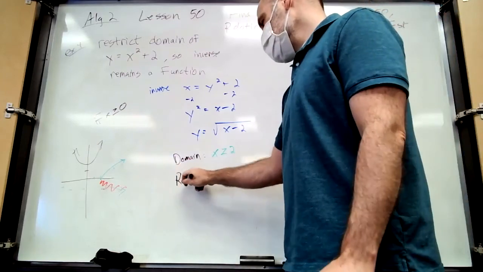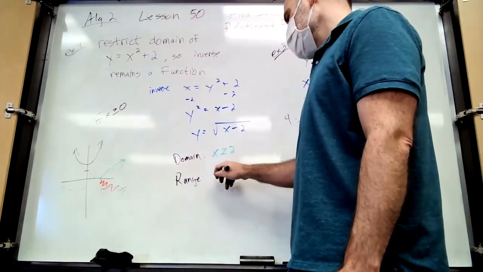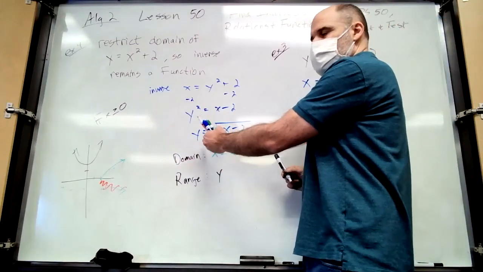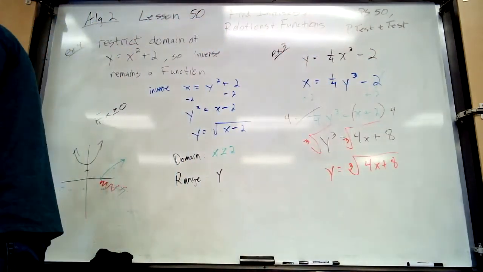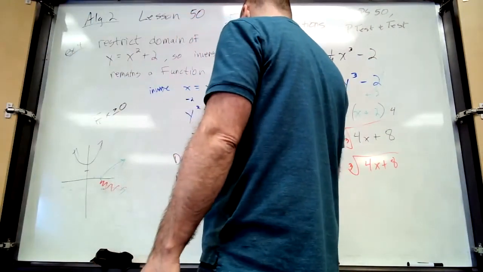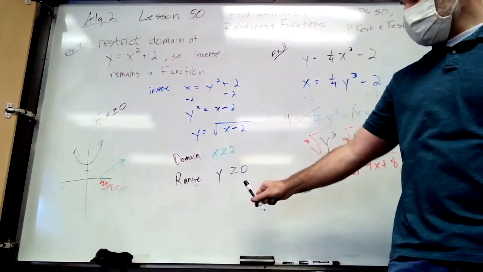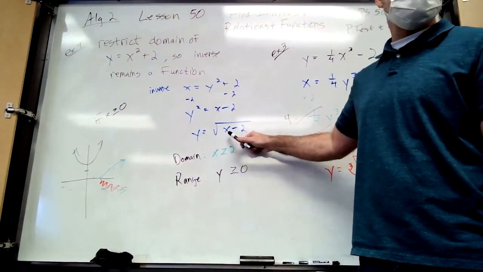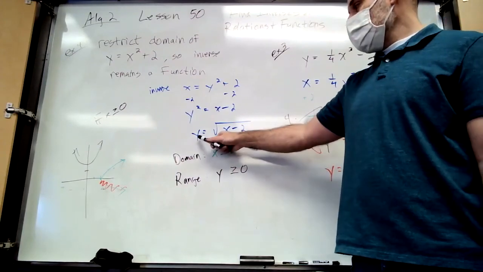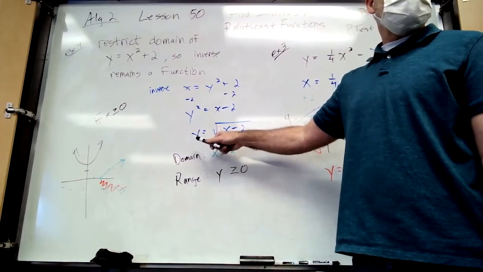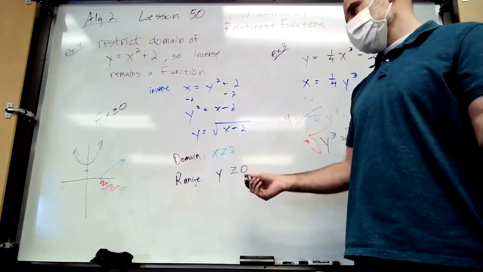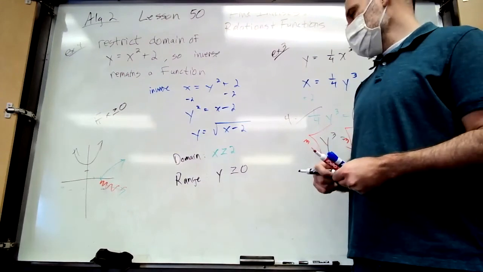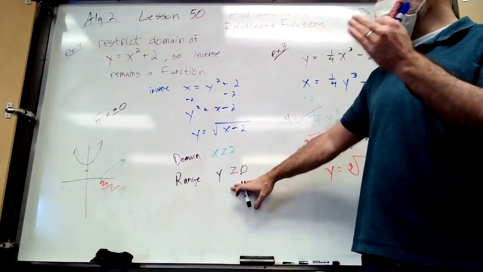And then what is your range going to be? It's just going to be positive numbers, greater than or equal to 0. You don't have to graph it, because if you plug in all the x's greater than or equal to 2, this will never go below 0. When you're doing radical equations the square root is technically two values, but not when you're dealing with relations and functions.